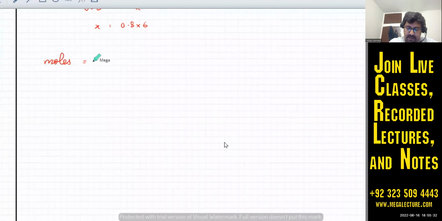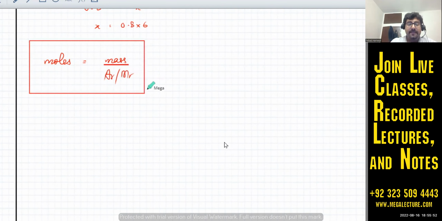That was how you figure out moles. Moles is mass divided by the MR, or the AR, which is known as the molar mass.